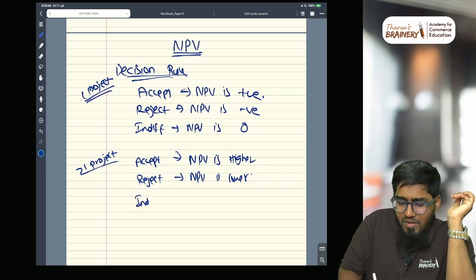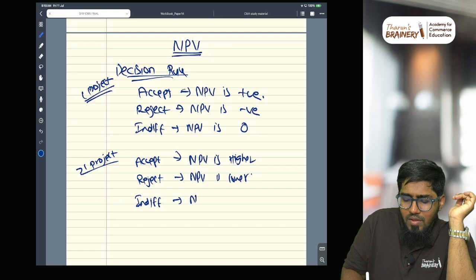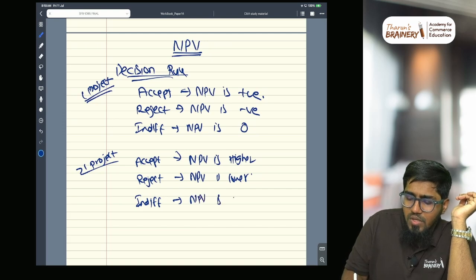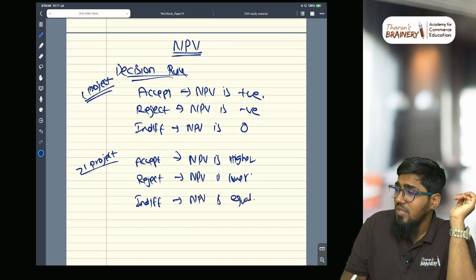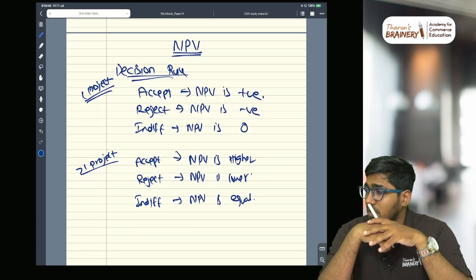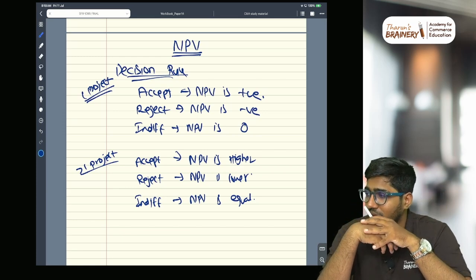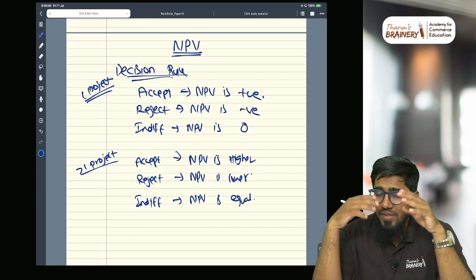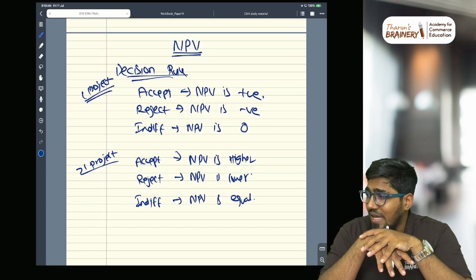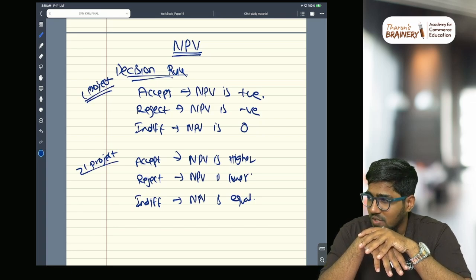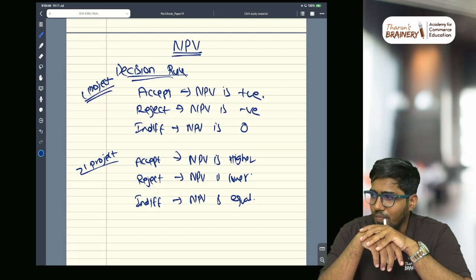And indifferent if the NPV is equal or the same. So this is the decision rule for NPV. If they've given only one project and ask you whether to accept or reject this project, then you have to do this.